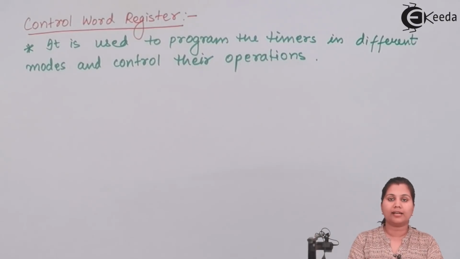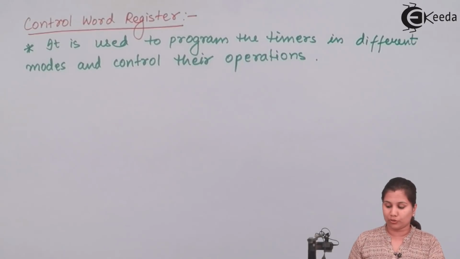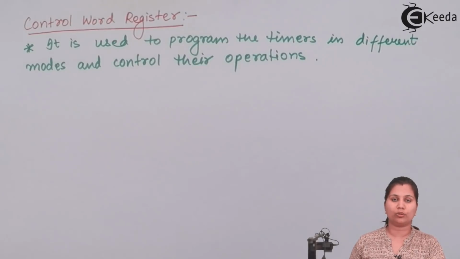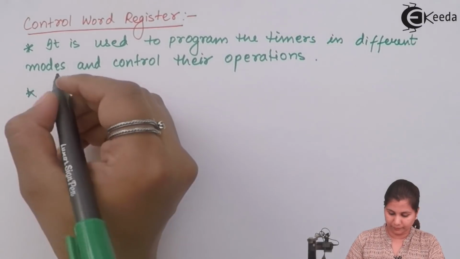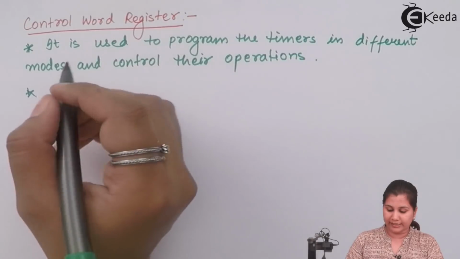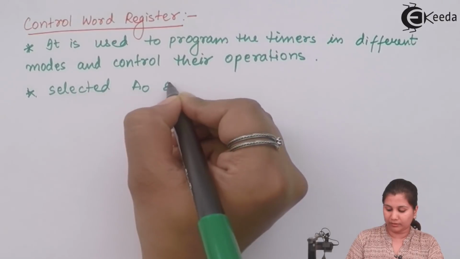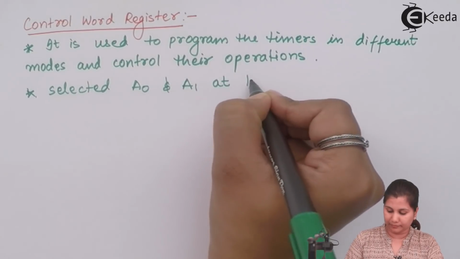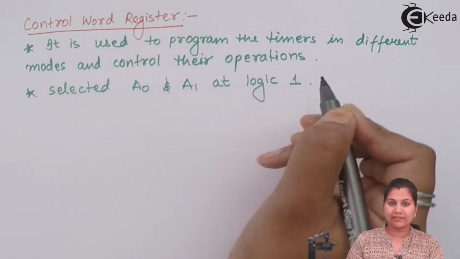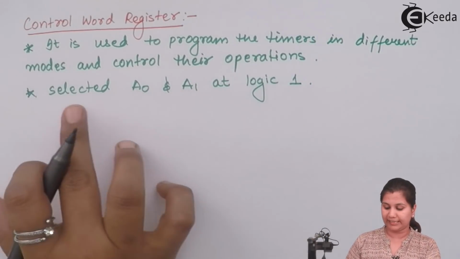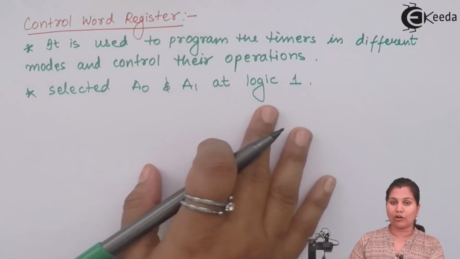As we know, the 8253 has 6 modes, so any of the timers can be programmed in any of the 6 modes. These modes are decided by the control word register, and the modes control the operations of the 3 timers. Now this control word register is selected when the A0 and A1 lines are at logic 1. We have seen in the table that the control register is selected when A0 and A1 are at logic 1.